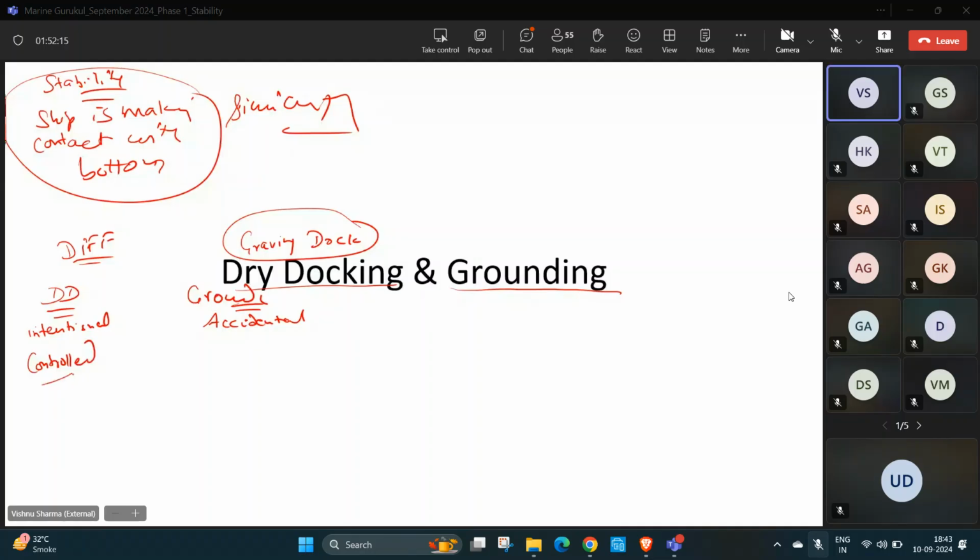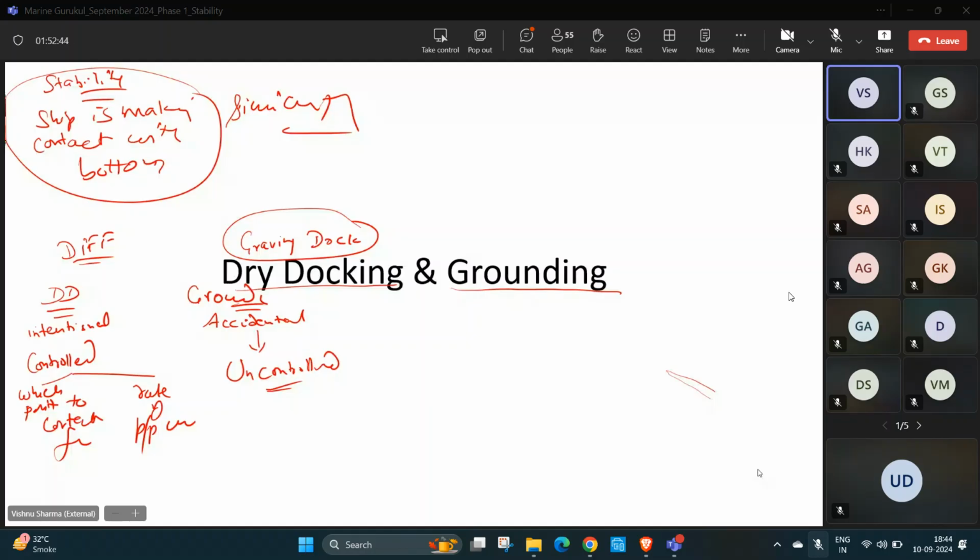Controlled in what sense? Which point makes contact first, and what is the rate of pumping out. Grounding is uncontrolled. You don't have any control over it. The stern can make contact first, the bow can make contact first, or somewhere else can make contact first. So you have no control over it.